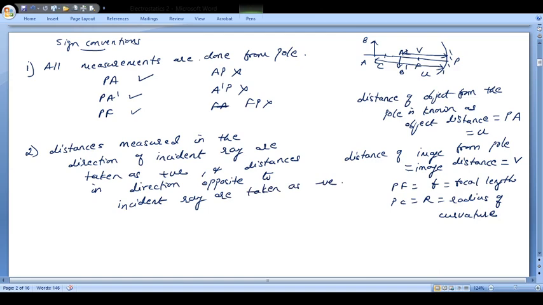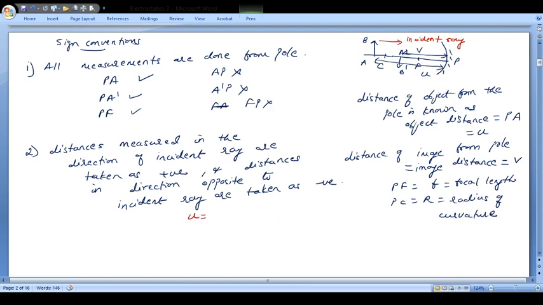Now see, understand this point here. Now in this figure, what is the direction of incident ray? Let us suppose this is the figure. Where was the object? This was the object. So this is the incident ray, and you can see that your incident ray is in the direction towards the right hand side. Now, first of all, what is U?